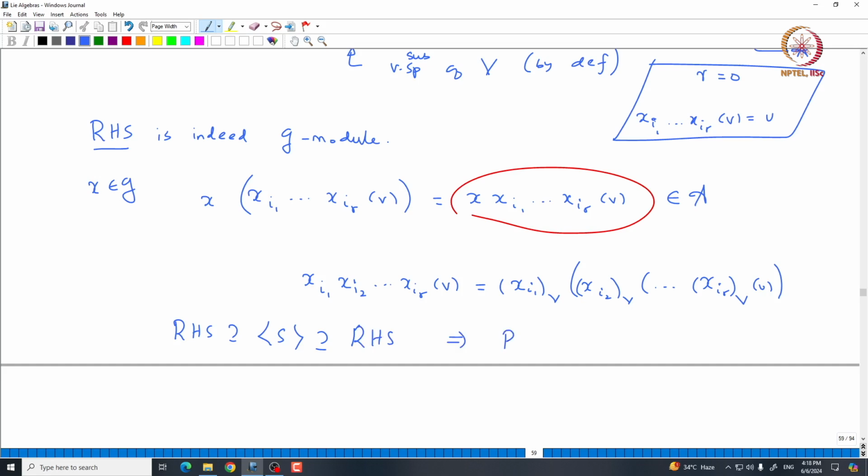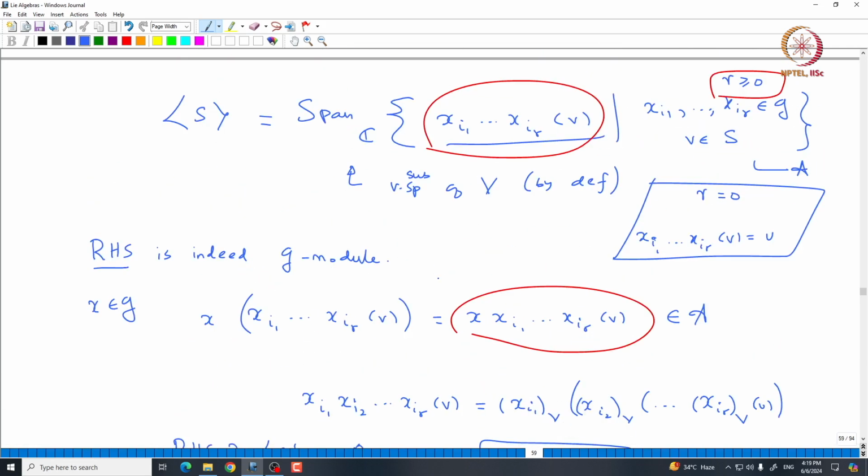That implies the right hand side is the smallest module generated by S. Theoretically speaking, this is a very rough spanning set for the submodule generated by S. Later, after introducing the universal enveloping algebra, we will see how to choose a spanning set much more cleverly.